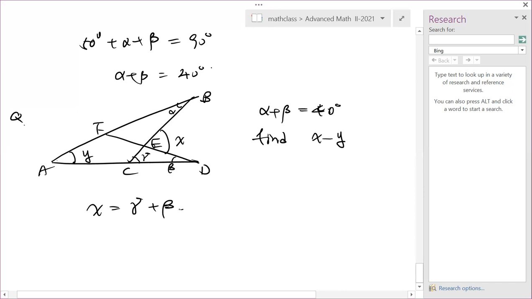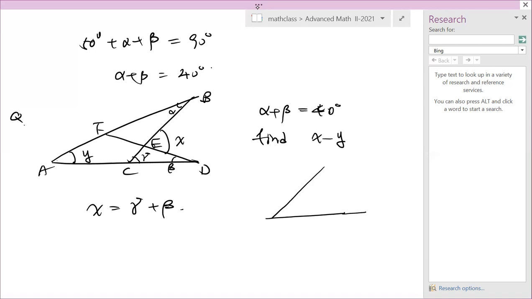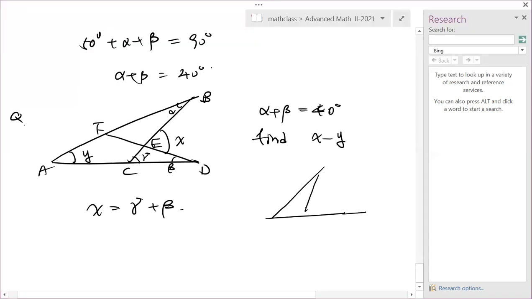Remember, if you have a triangle like that, let's draw the picture here. If this is X, this is beta, and this is gamma, then X is going to be beta plus gamma.